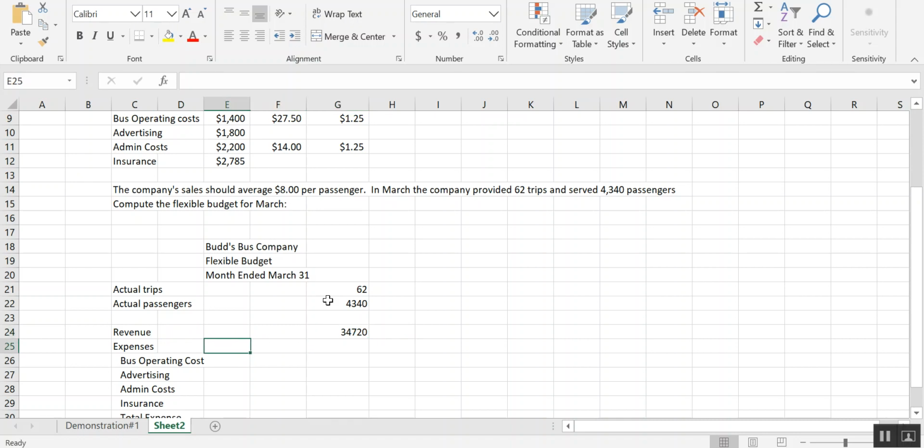So then we wind up with expenses, and we have the bus operating cost. Remember, we start with $1,400 plus the number of trips times 27.50 plus the number of passengers times 1.25. So we're going to create a formula here.